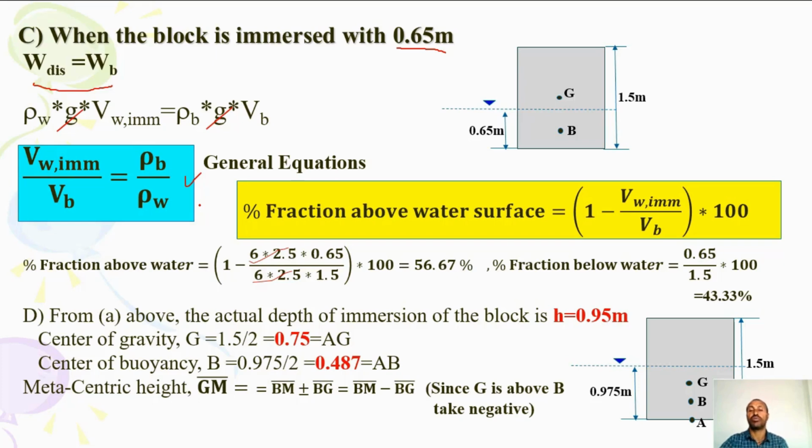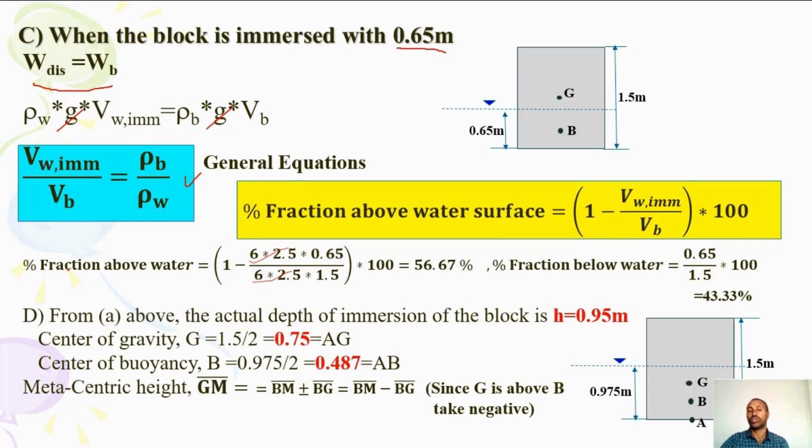So the fraction above the water surface can be computed now. The percentage fraction above the water surface will be, from the total 1 minus the volume of immersion divided by the volume of the block. This is the percentage fraction underwater. So you can just subtract from 100. So you get this one.